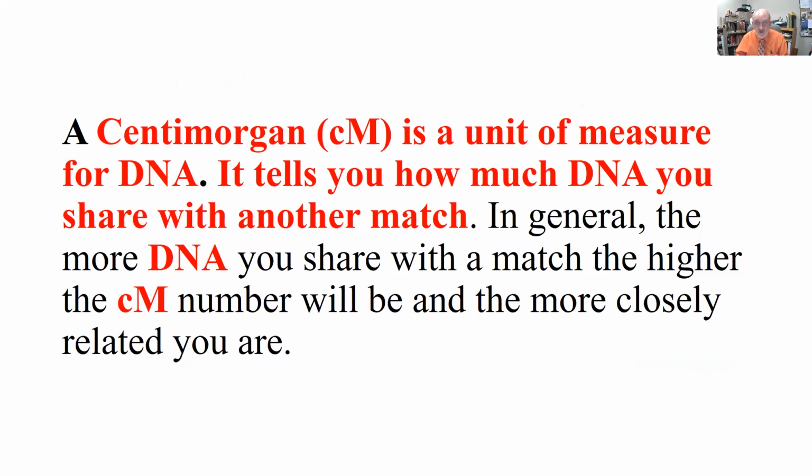A centimorgan, which is usually abbreviated cM, is a unit of measure. The centimorgan count decreases by about half as one goes back each generation. So a person could share about 25% with a grandparent and only 12.5% with a first cousin.